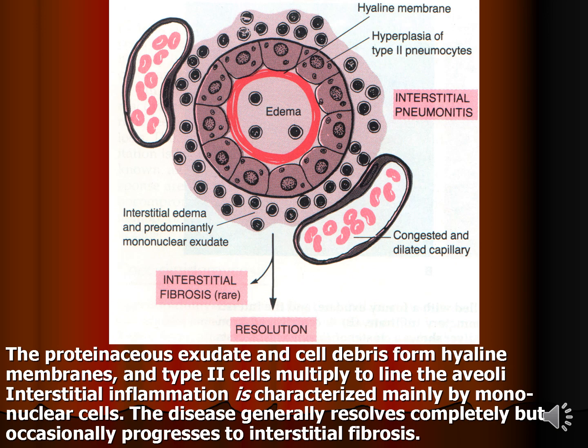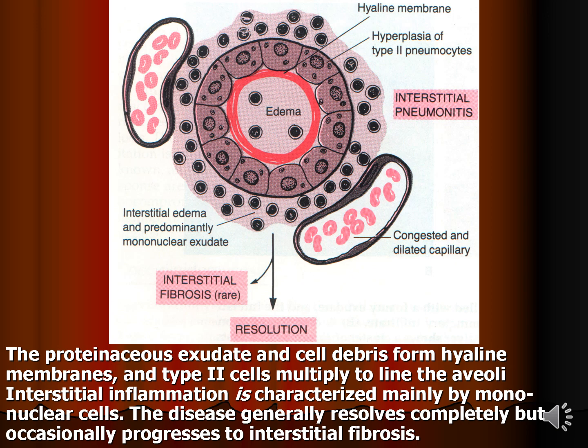We see interstitial edema, interstitium of the interalveolar space, here it is, and we see predominantly mononuclear exudate. So mononuclear cells dominate within this exudate.